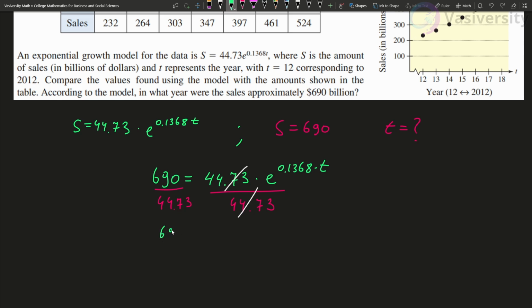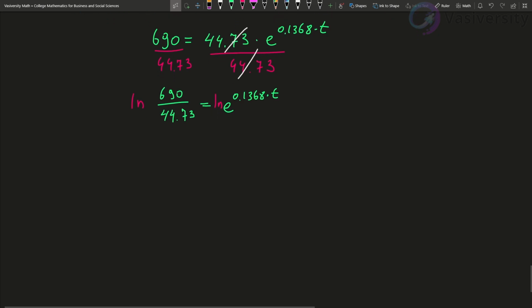So we're going to have 690 divided by 44.73, and that is equal to e to the power of 0.1368 times t. And now we take a logarithm of both sides, just as we did previously. Now we have the natural logarithm of 690 over 44.73, and that is equal to 0.1368 times t.